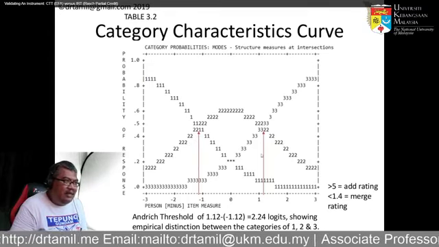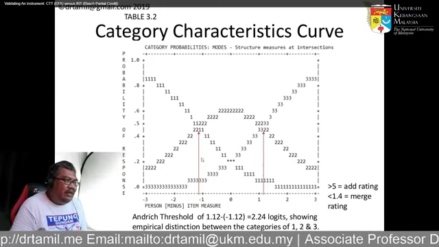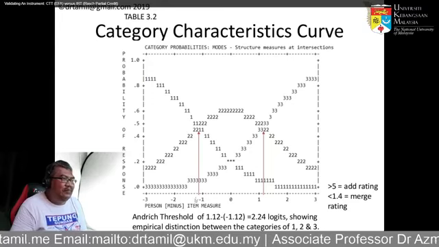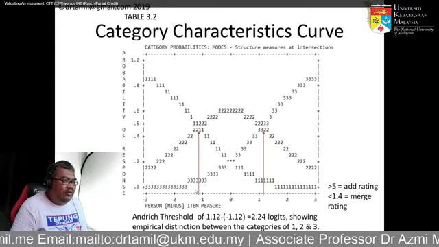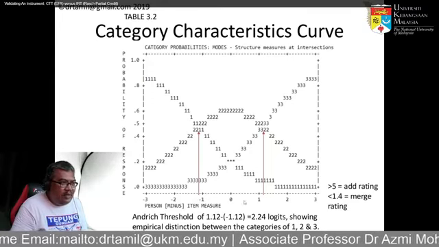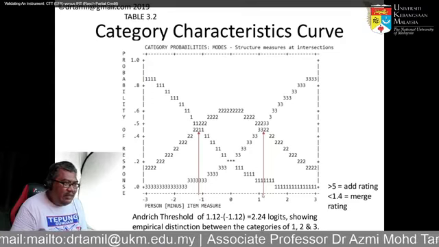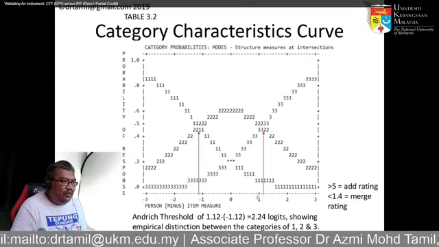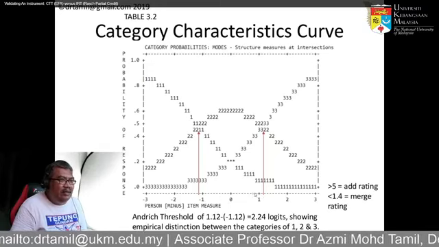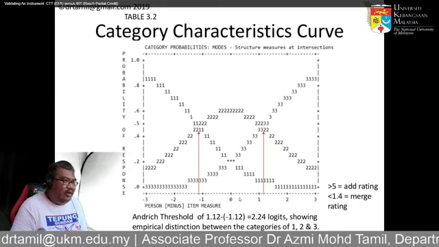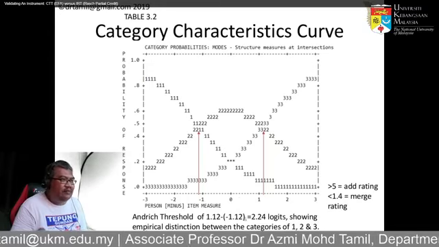This is what they call the Andrich threshold. The threshold is 1.12 here and minus 1.12 here. So the distance between here and here is 2.24 logit, larger than the required 1.4. Since it is larger than the required 1.4, we are okay.